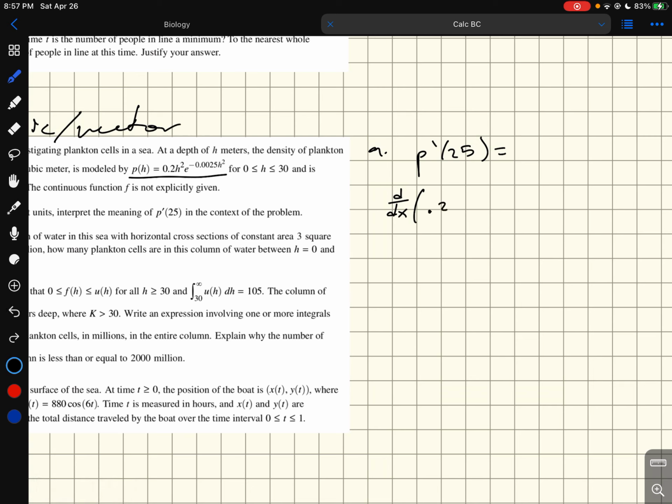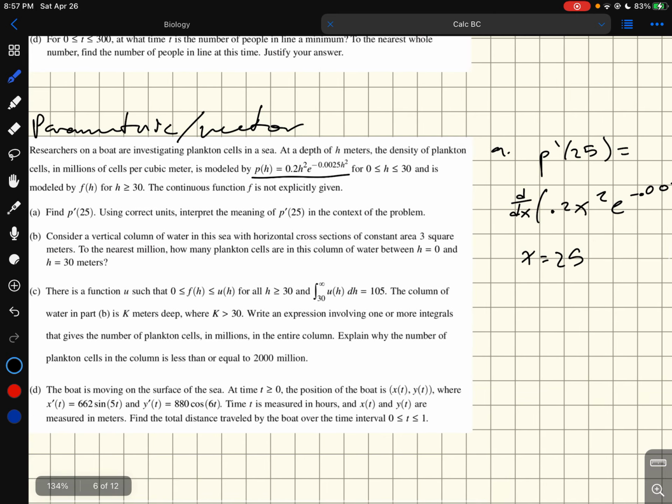But you're going to use x's, because I put an x here. Whatever variable is here has to match the one on the inside. And calculators generally understand x's better, so just make it an x. There you go.